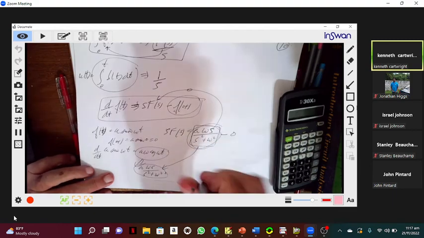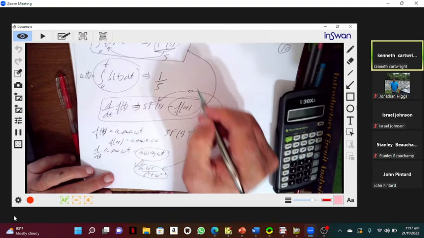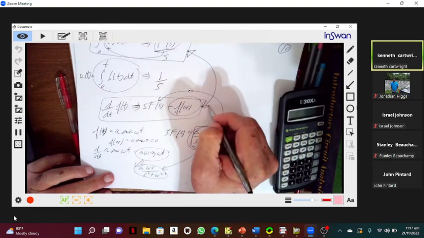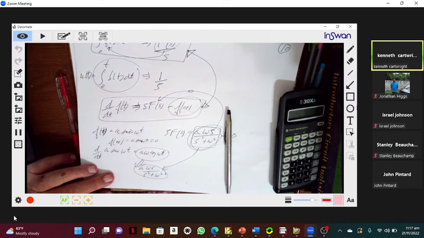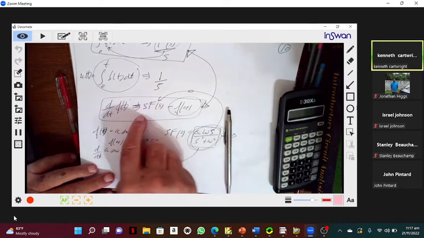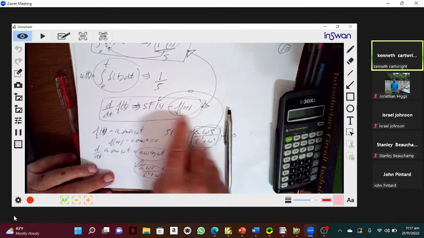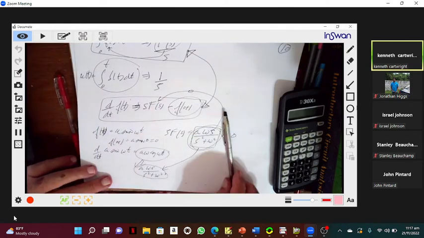These are two rules you must learn. And by the way, this generalizes to second derivatives, but we won't go there today.